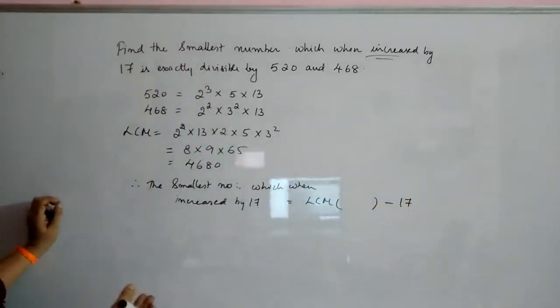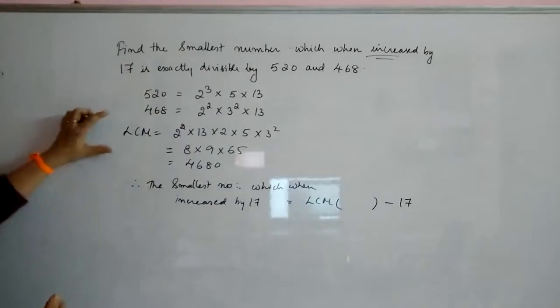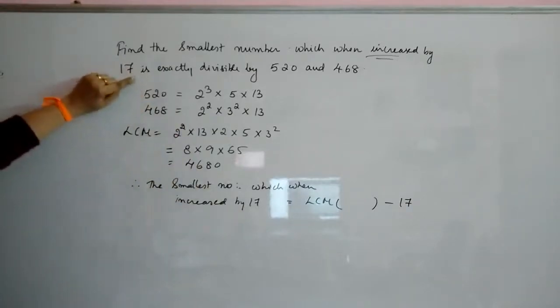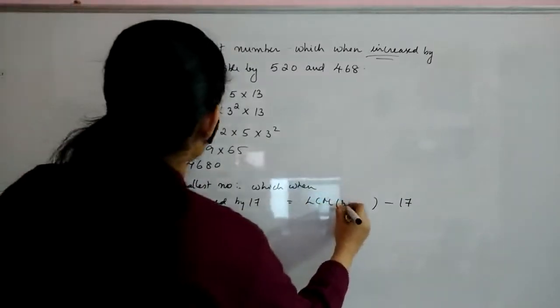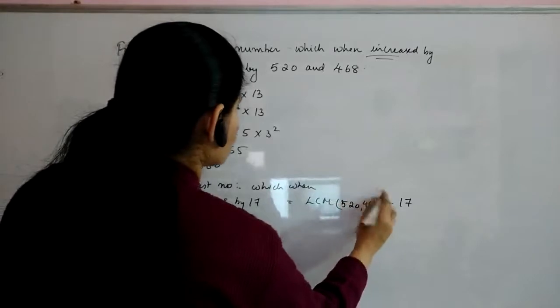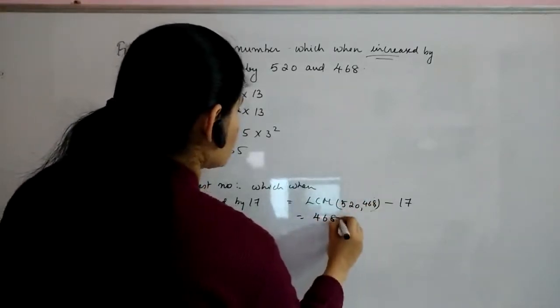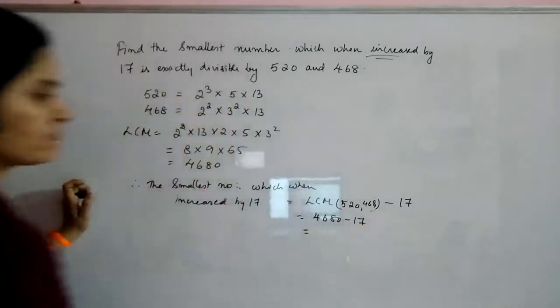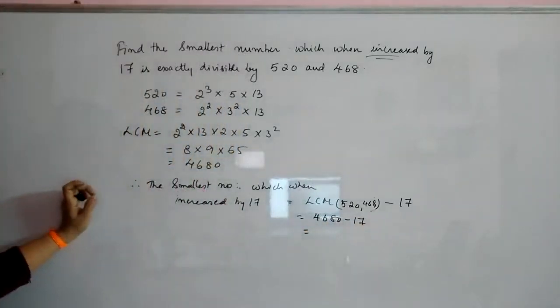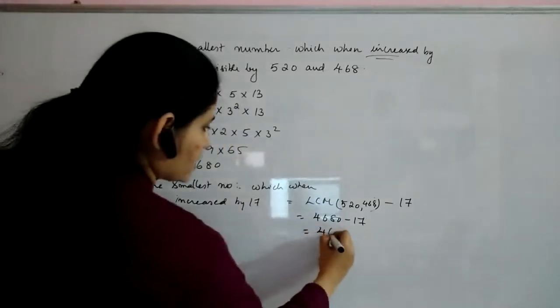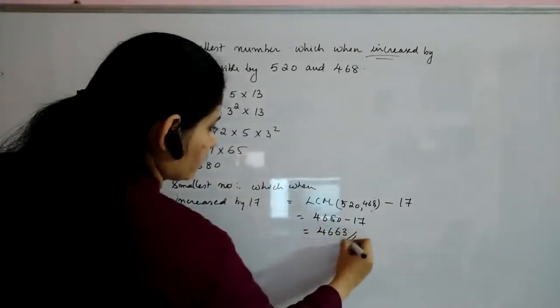When you are adding 17, it is giving you this much of LCM. So when you are subtracting, that will give the exact divisibility. So LCM of 520 and 468, which is 4680, minus 17 will give you 4663.